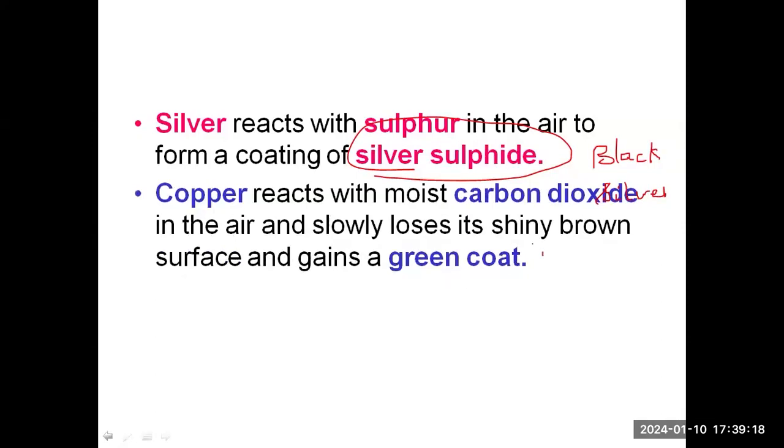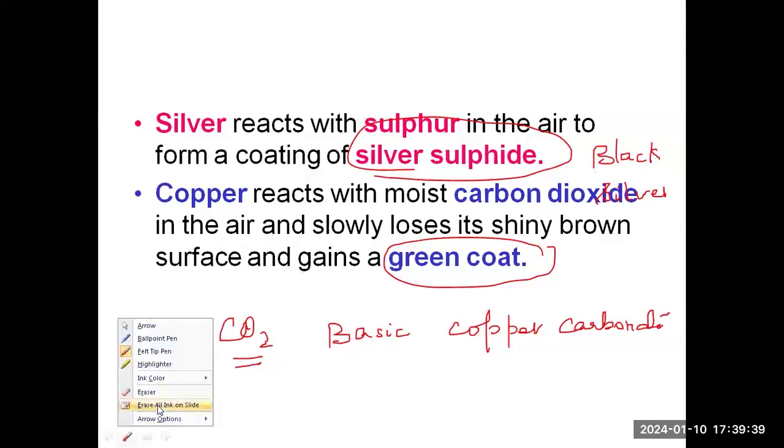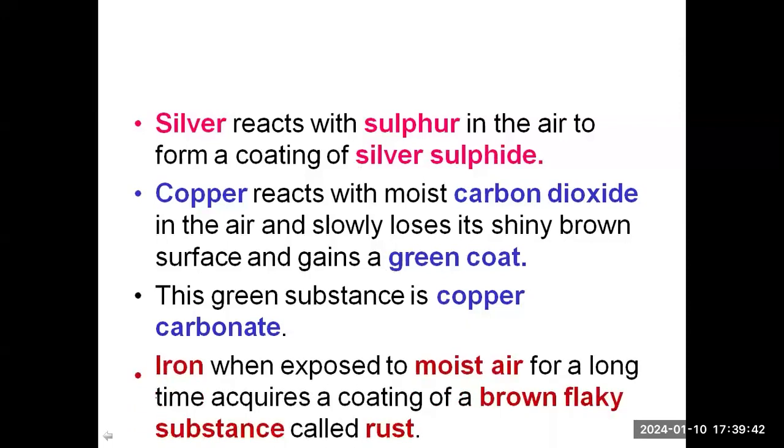Then for copper, becoming green is the corrosion, and here carbon dioxide is responsible, because copper changes to basic copper carbonate, which is green. And iron reacts with moist oxygen to become iron oxide, the brown flaky layer which is called rust. So you need to remember these three examples.